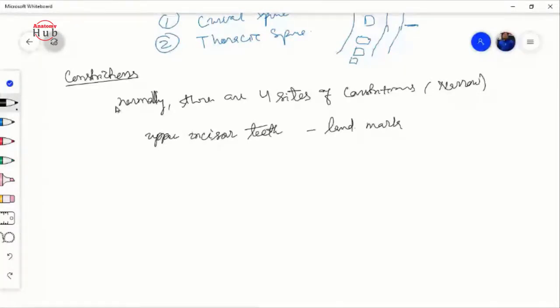So first constriction will be at the pharyngoesophageal junction. Okay, pharyngo means the pharynx.